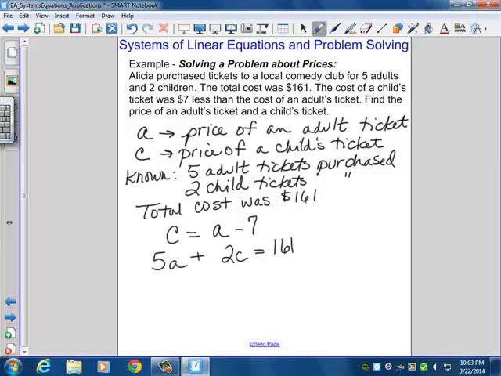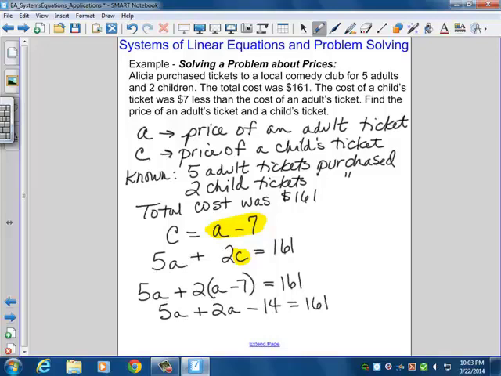I'm going to substitute again. I'm going to take this expression, which is equivalent to C, and put it in here. So now I have 5A plus 2 times the quantity, remember, we have to put the quantity in here, A minus 7, is equal to 161. So then we have 5A plus 2A minus 14 is equal to 161.